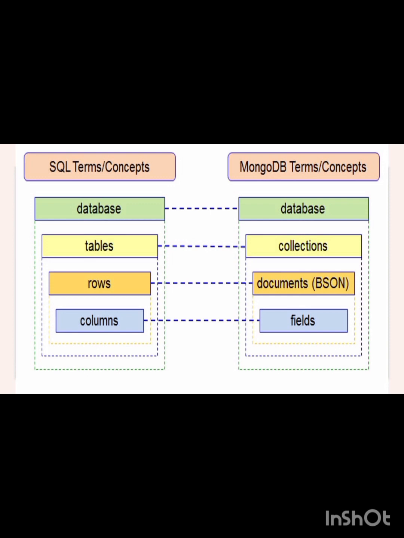In MongoDB, the structure can be key value pairs, document based, graph databases, and wide column stores, whereas in SQL we use table based databases. Then let us see about scalability. MongoDB is designed for scaling out horizontally by using shards to distribute load across multiple commodity, that means inexpensive, hardware.